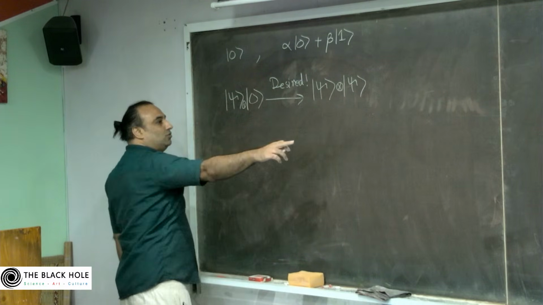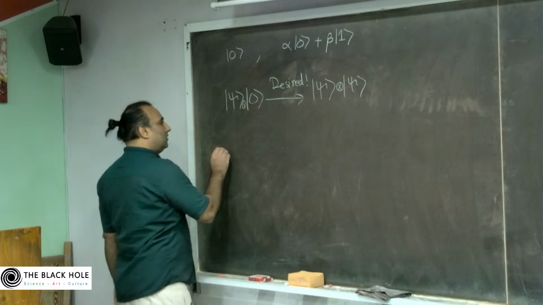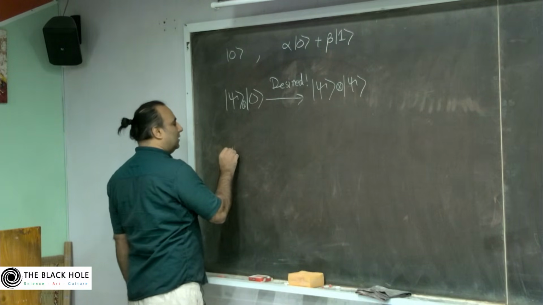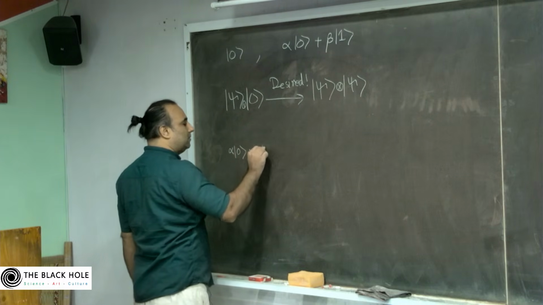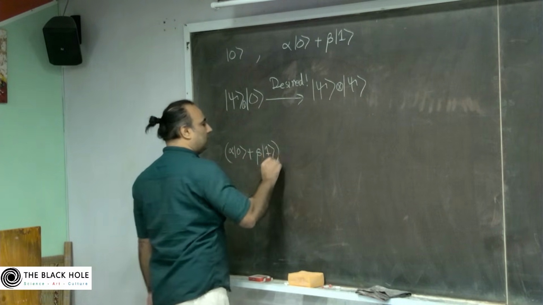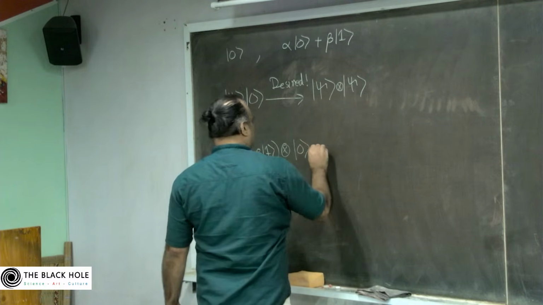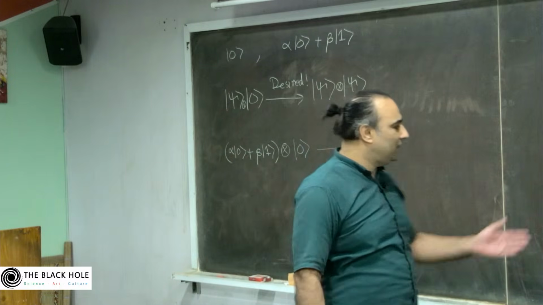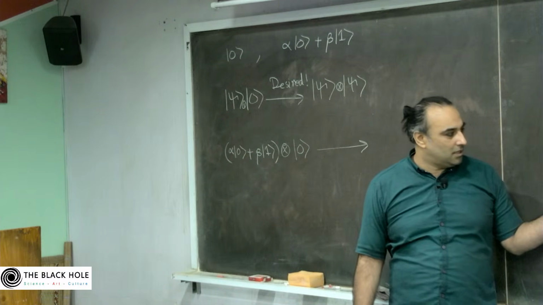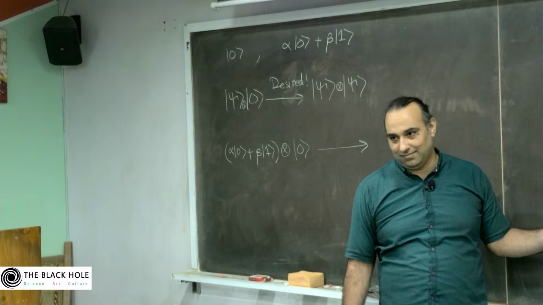That's the question. Using the same operation over there, we start with alpha 0 plus beta 1, then apply this operation, which is actually a CNOT.